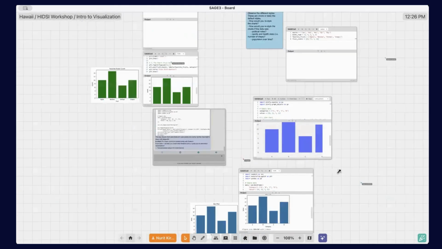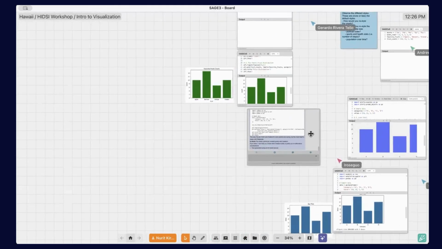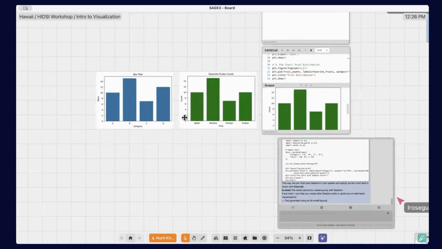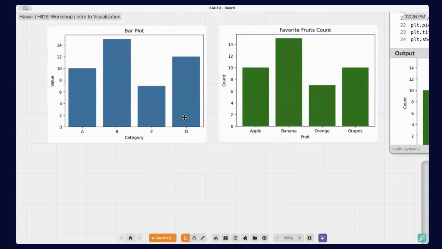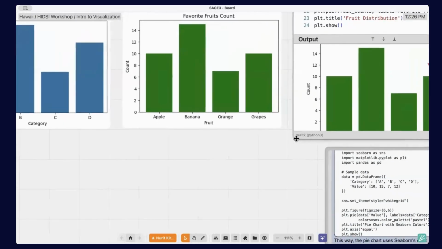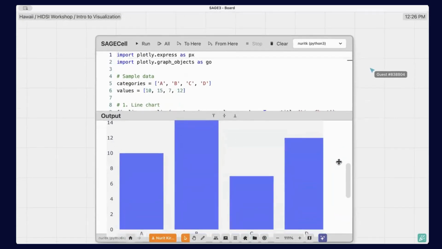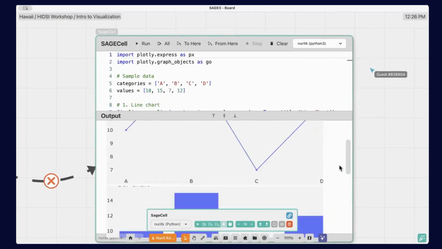So these are the 2 matplotlib, and you can kind of tell that they're basically using the same kind of style, right? Whereas Plotly was using a completely different set of styling decisions.